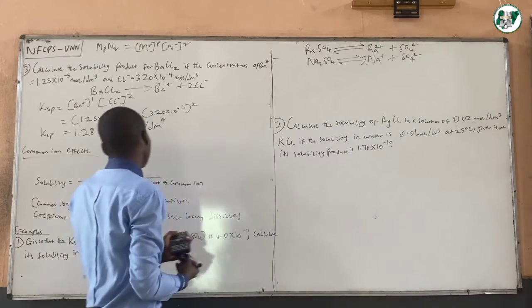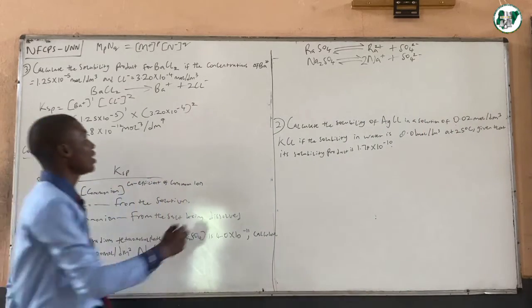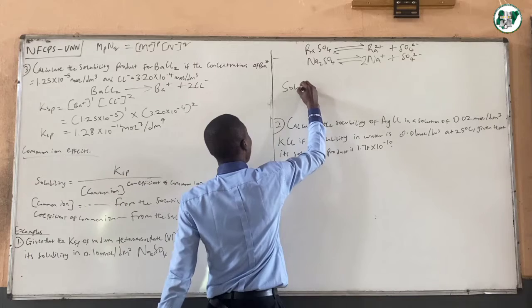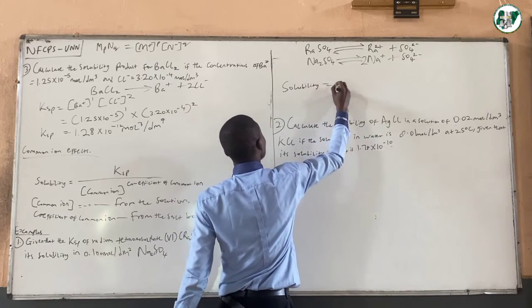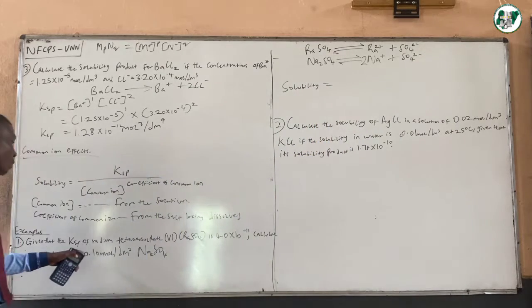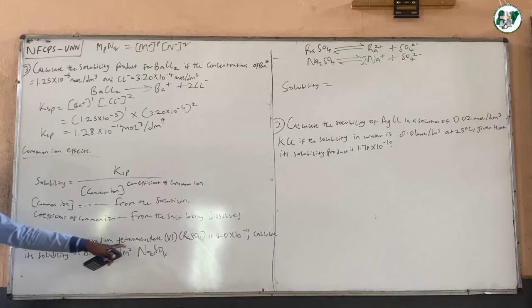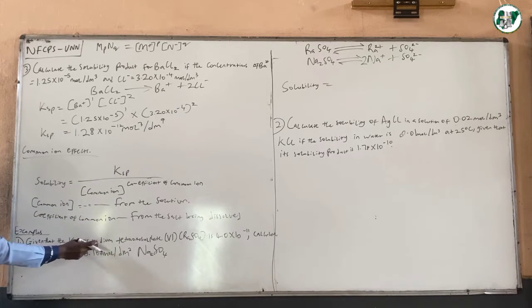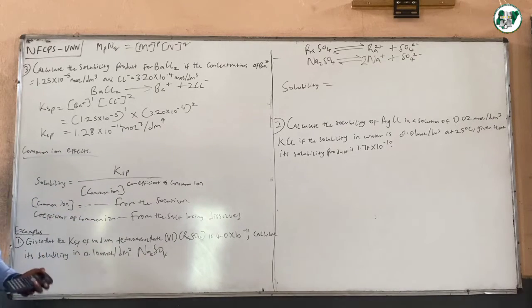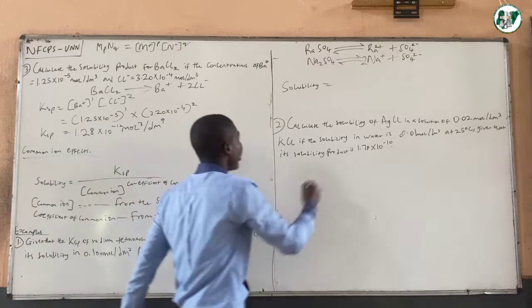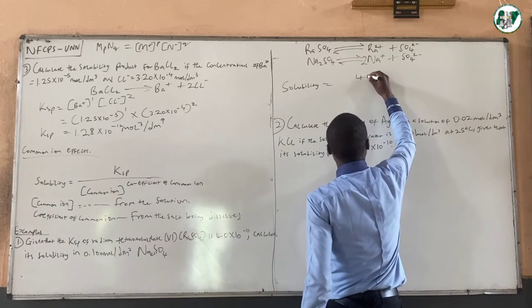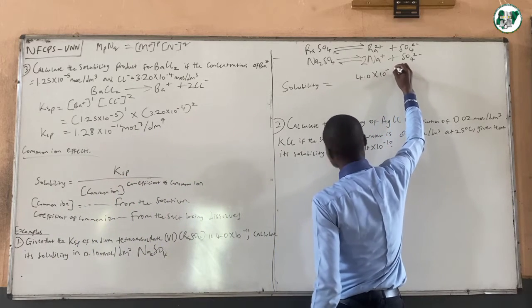The next thing is to write the formula for solubility. Our solubility is equal to Ksp. What is the Ksp of radium tetraoxosulfate(VI)? The Ksp of the salt that you are looking at is 4.0 times 10 to the power of minus 11.